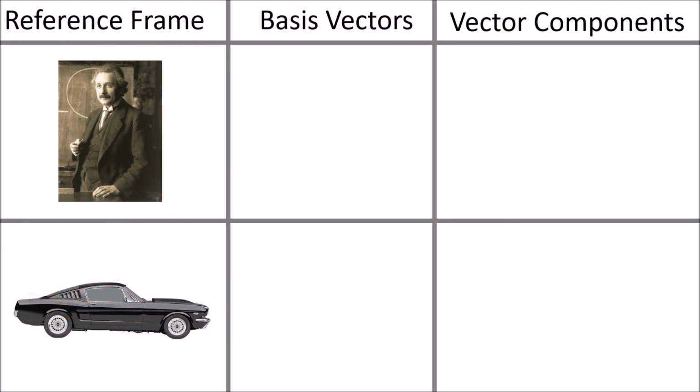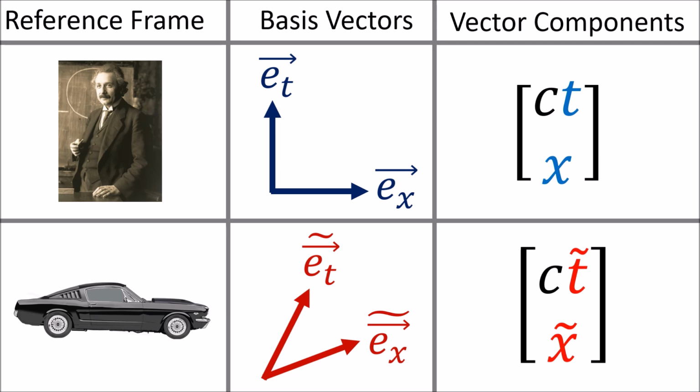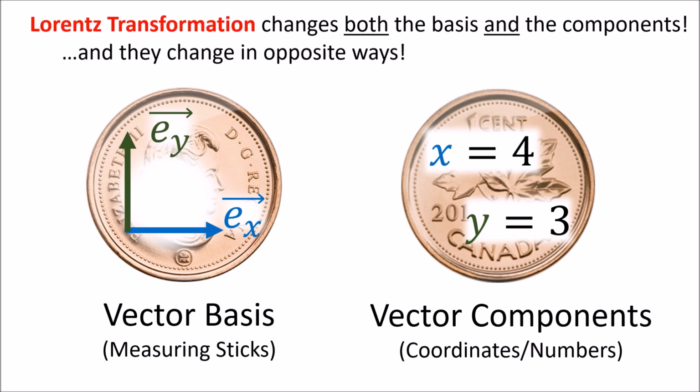It's important to remember that in special relativity, each reference frame has basis vectors and vector components. This is important because coordinate transformations, including the Lorentz transformation, will change both the basis vectors and the vector components, and they change in opposite ways.